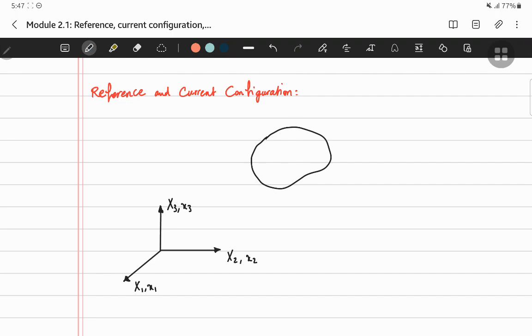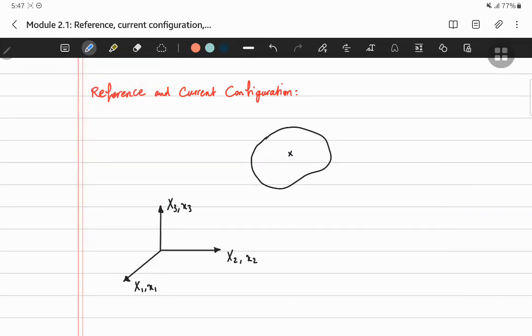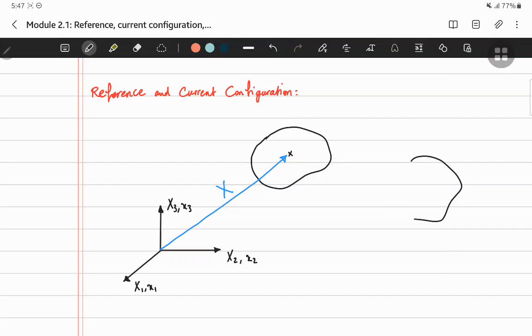So if you have a particle right over here, you can characterize its position by a vector like capital X. And if after time t this particle is right over here, you can characterize its position by a vector like small x.